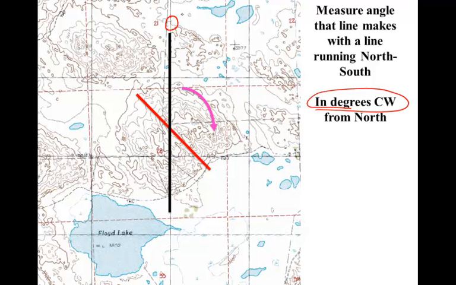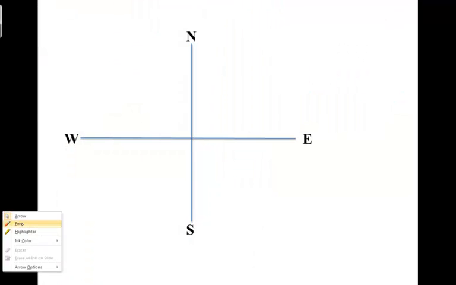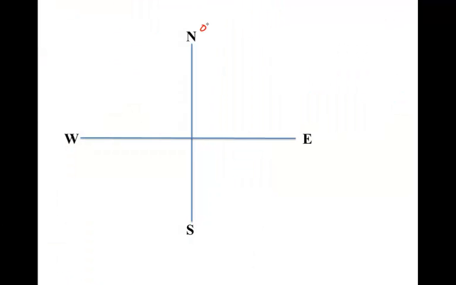So north is 0 degrees. We're going to measure clockwise the angle that our line makes with a line running straight north and south. North is 0 degrees, east 90 degrees, south 180 degrees, and west is 270 degrees.